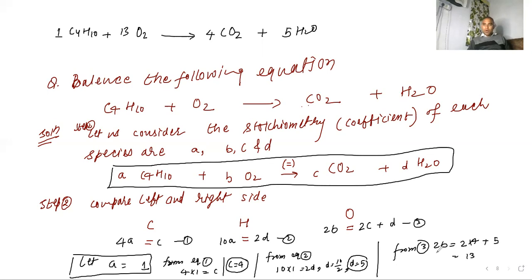B, because it's O2. Oh, okay. Sorry, extremely sorry. So B is equal to 13 by 2. So here I am putting 13 by 2. Is it okay now? Okay. This is the balanced equation.